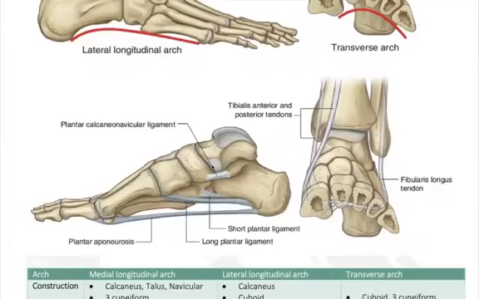Anyone has any idea? Spring ligament. Fantastic. This is the spring ligament. And the other 2 ligaments are the long plantar ligament and the short plantar ligament, if you are seeing from the medial aspect.